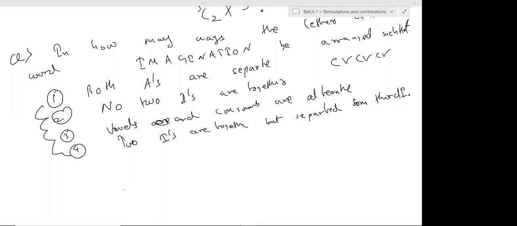Yes, you need to divide by 2 factorial also, right? 2 N's and 3 I's. Yes, sir.